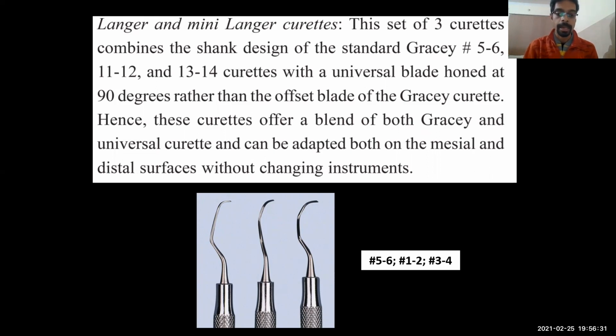You can understand, the shank is of Gracey and the blade is of universal curette. That is, the blade will be 90 degrees to the lower shank. That is, there is no offset angle, so that it can be easily used for most of the areas of the tooth surface in the whole oral cavity.